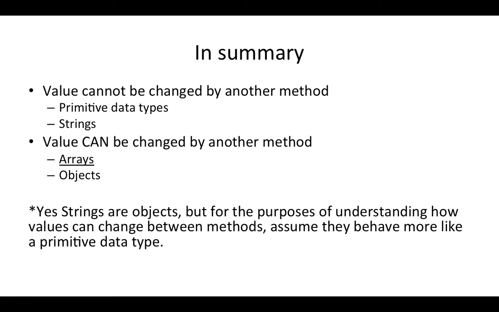That's why their original value isn't changed. And strings, whenever you modify a string, what it's actually doing is creating a brand new string and erasing the old one, which is why it doesn't quite act like other classes. Arrays and objects are passed by value and can be changed by another method. You don't have to return that value for that value to be persistent.